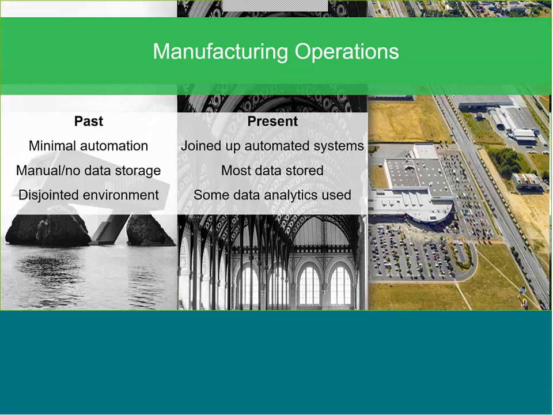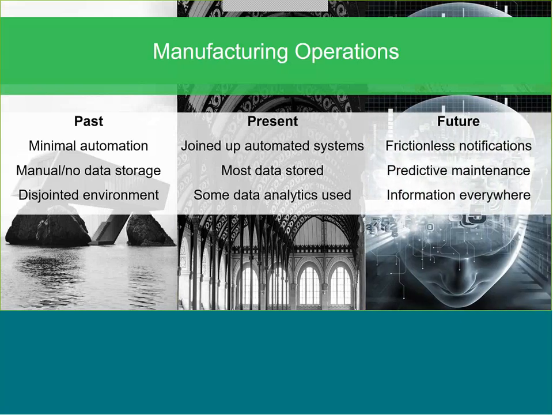And if we look at the future, I say the future, it doesn't mean it isn't possible now, but what we're really referring to here is notifications that people don't have to worry about. People get notifications that are really meaningful to them.